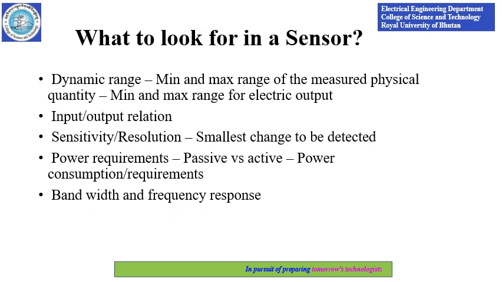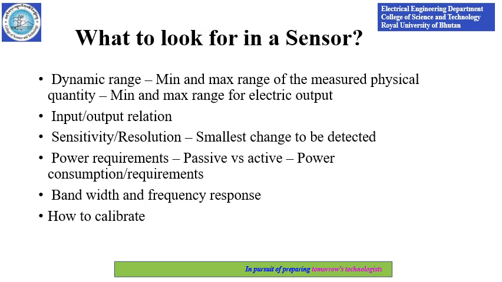The fifth thing we need to look at is the bandwidth and the frequency response of a sensor. Bandwidth, also referred to as a frequency response, is the indication of a sensor's ability to respond to changes in its measured input. So basically, it is the frequency response of a sensor.